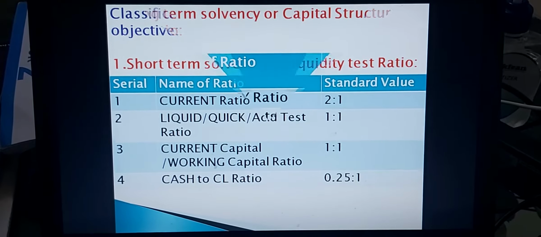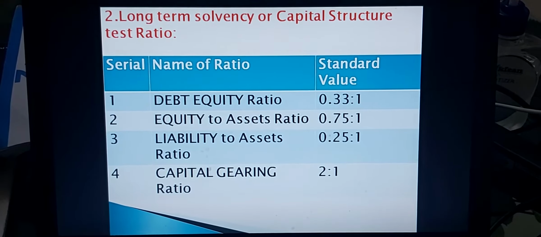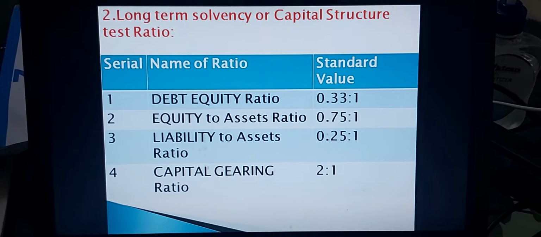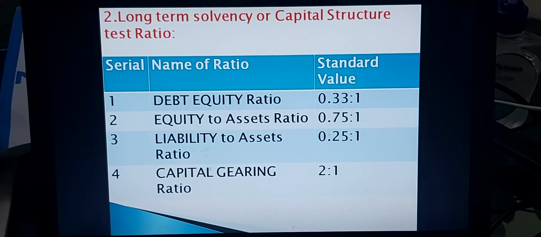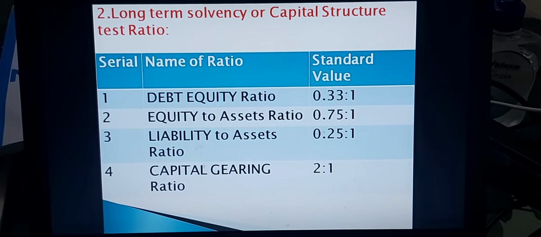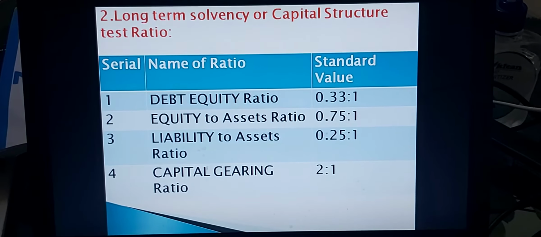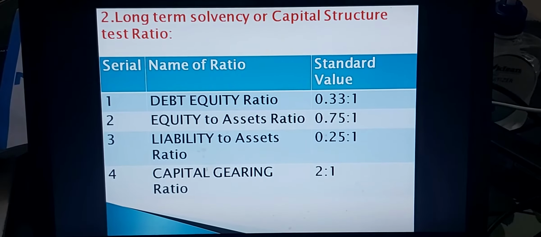Okay, next ratio, number 2, long-term solvency or capital structure test ratio. Totally 4 ratios are available in the long-term solvency or capital structure test ratio, and the standard value is on the right side. Number 1, debt equity ratio.